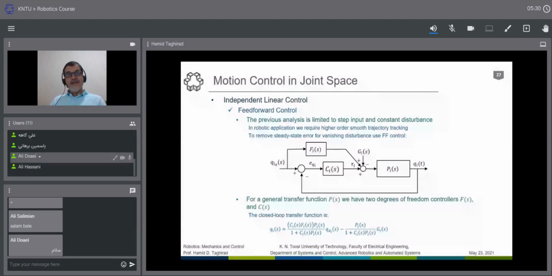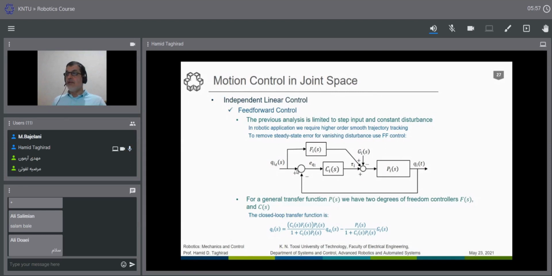Here we practice a second method that is taught to you in linear control systems, which is feed-forward control. A feed-forward control usually consists of two loops.